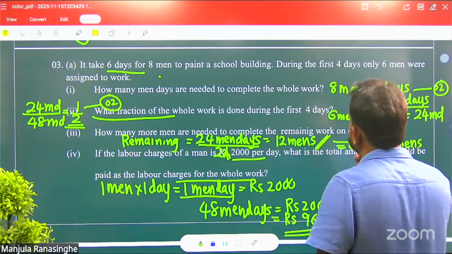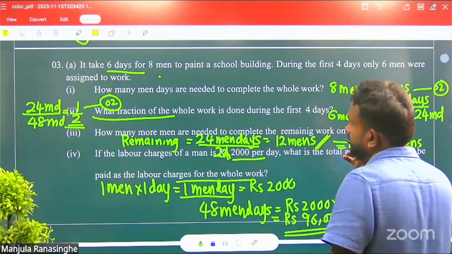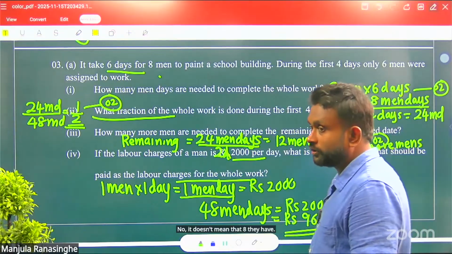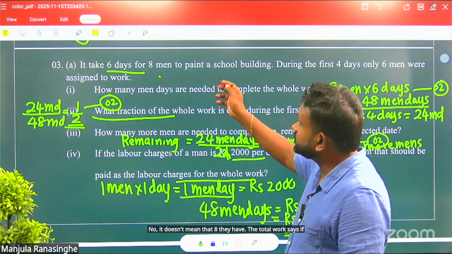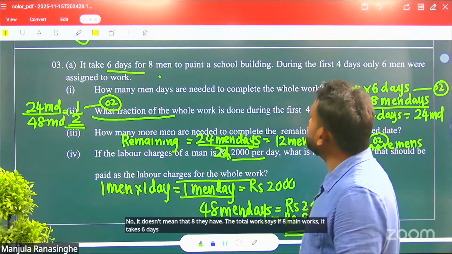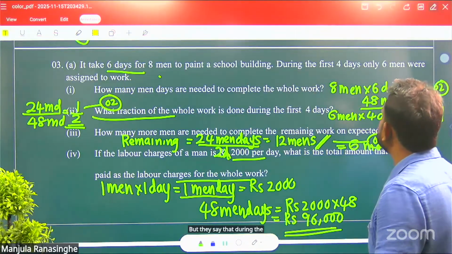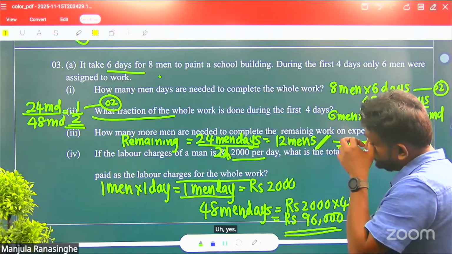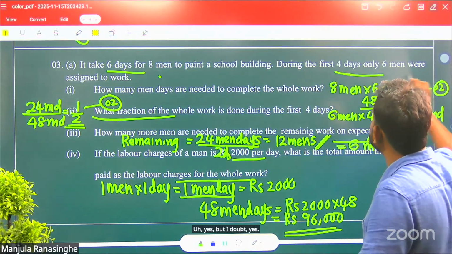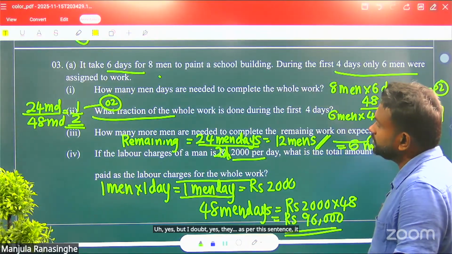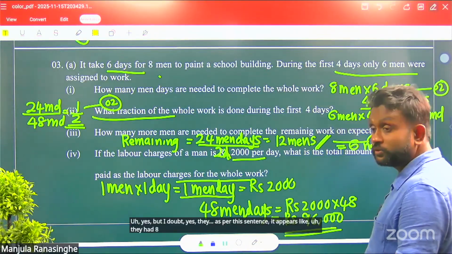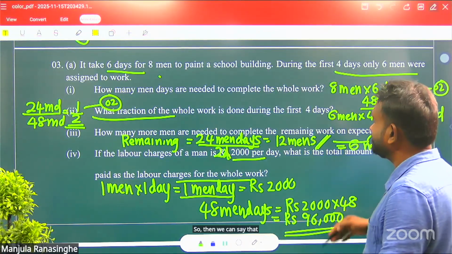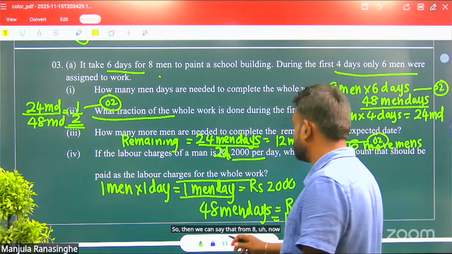It doesn't mean that they have 8. The total work says if 8 men work, it takes 6 days. But they say that during the first 4 days, only 6 men were assigned. As per this sentence, it appears like they had 8, but only 6 were assigned. So we can say that from 8, now 4 are required additionally.